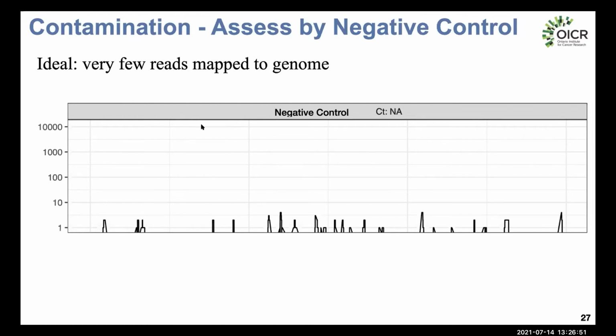Unlike the previous samples where we had 1000x coverage, we have very little coverage, only a handful of reads mapped to the coronavirus genome for this negative control. These might just be primer dimers, so we don't worry about these little reads mapping here. What we're looking for is that we don't want high depth of coverage across the entire genome.